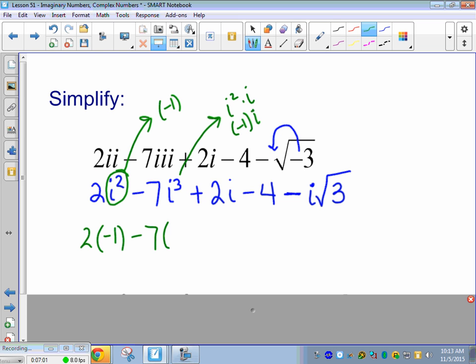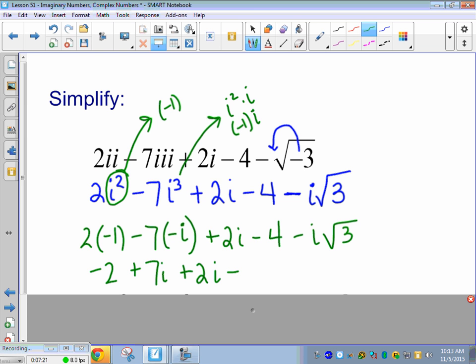So instead of i cubed, we're going to write negative 1i plus 2i minus 4, rewrite the rest of that. So let's simplify further. I have negative 2 here, we're going to have plus 7i plus 2i minus 4 minus i root 3.